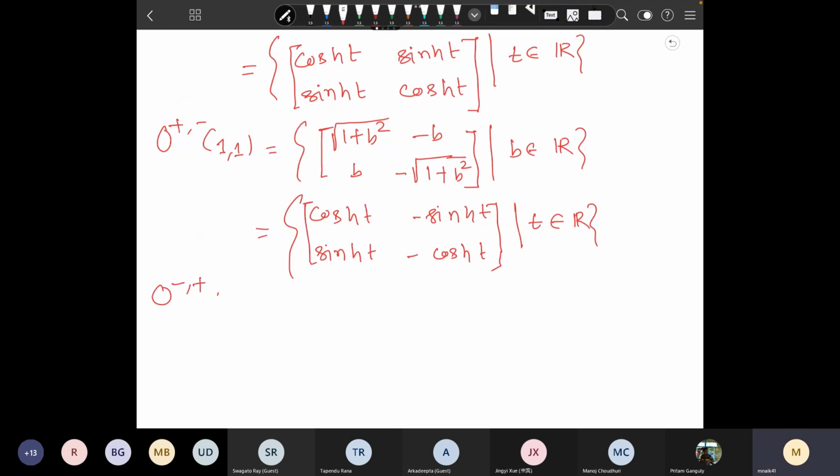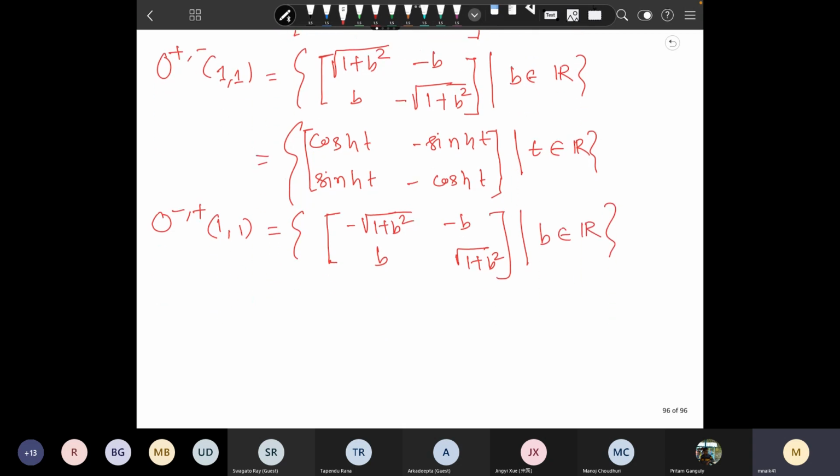O(-1, 1) is equal to minus of 1 plus b square b. Okay, so this is my 1 plus b square. This is equal to minus of cos t, sin t, so minus sin t and minus cos t.